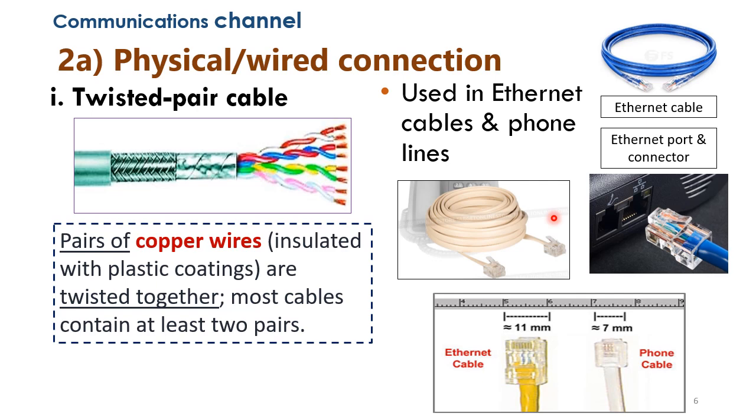Ethernet cables are often used in networks and to connect a variety of components to the system unit. So pairs of copper wires here are insulated with plastic coatings.